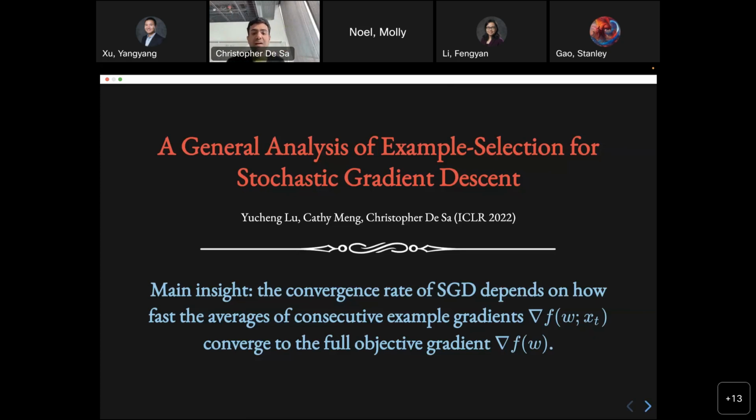And more generally, if you want to analyze a sample order and predict how fast SGD is going to converge, it suffices to reason about how fast averages of consecutive example gradients converge to the full objective.